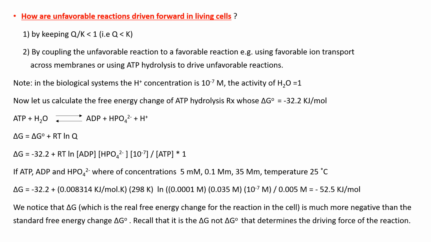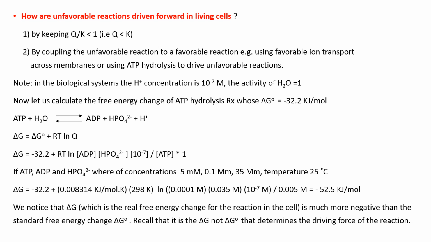Now let us calculate the free energy change of the ATP hydrolysis reaction, whose delta G node equals minus 32.2 kJ per mole. And this is the reaction, and we will substitute in the equation. Delta G node is minus 32.2, and we will substitute the concentrations of the ATP, ADP, and phosphate.